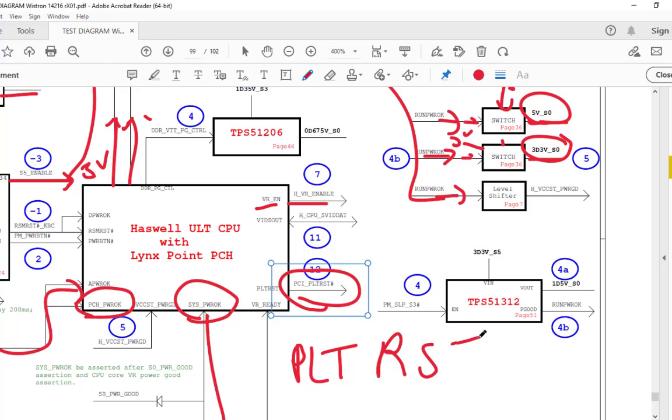This is the final signal at step number 12. Once this is generated, the clock will start and the BIOS starts reading. So in this way, the power sequence takes place.